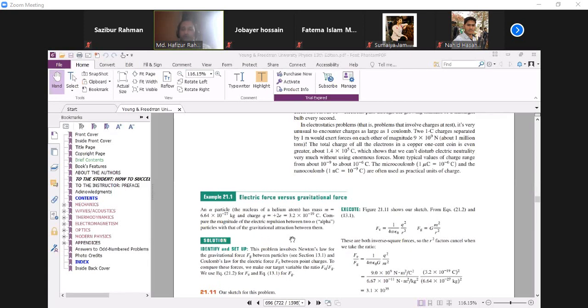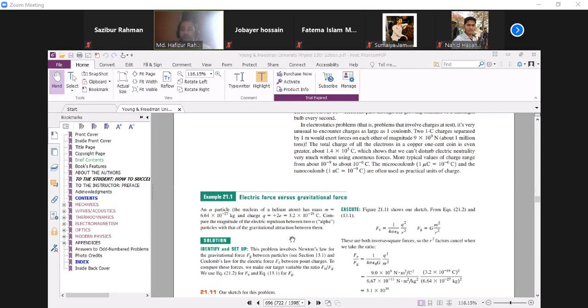Same charges always repel and opposite charges always attract. So you are considering two alpha particles and their charge is the same, so there will be an electrical repulsive force acting between two alpha particles.